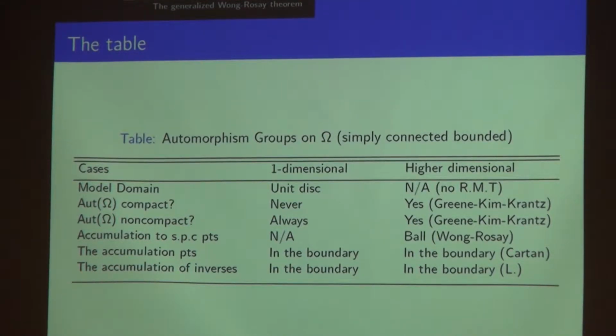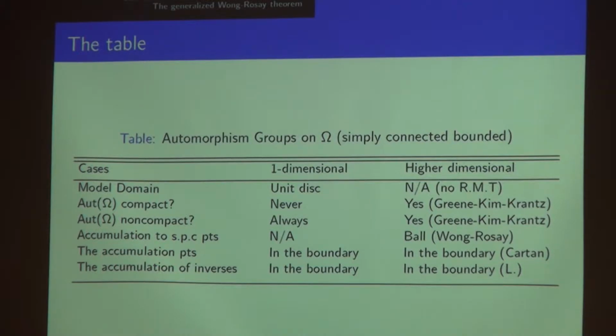But for higher dimensions, it is possible that the automorphism group of omega is compact. For example, let's consider in C2 this domain: let omega equal z to the fourth plus w to the fourth smaller than 1.